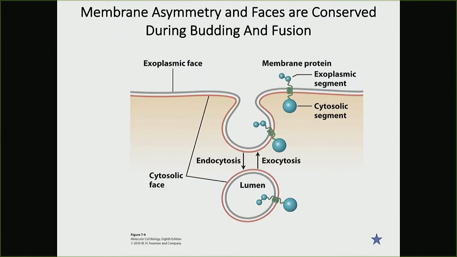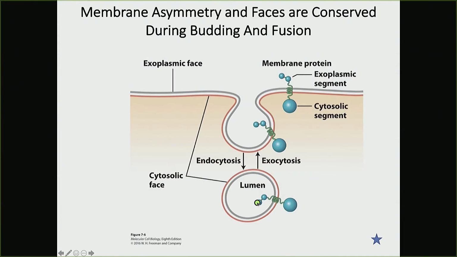What happens if you have a cellular organelle with a lumen? Think about that. That lumen is basically the exoplasmic face of the plasma membrane. So this is the environment, and the lumen is the environment. This is a transmembrane protein where these two tiny spheres are facing the lumen.